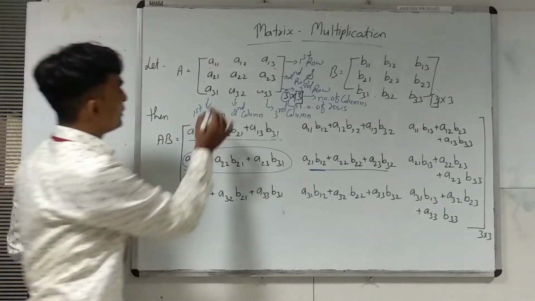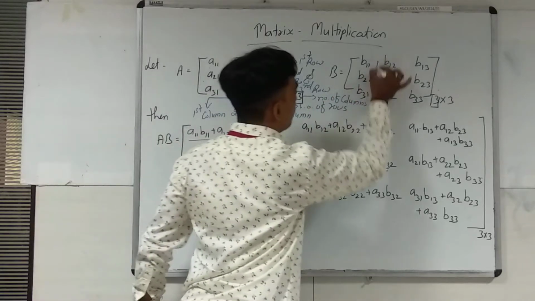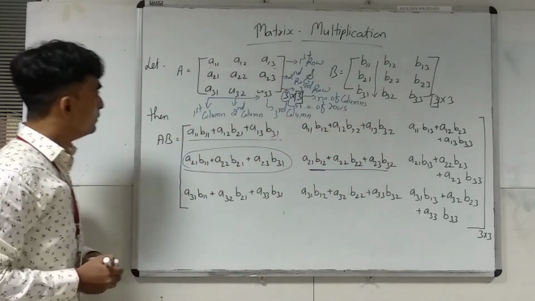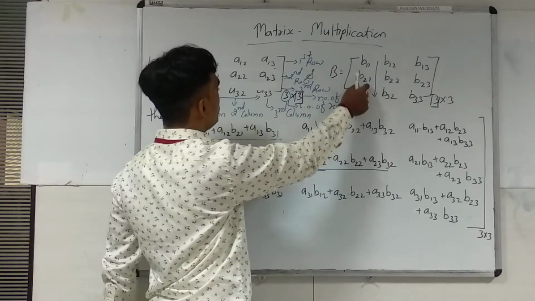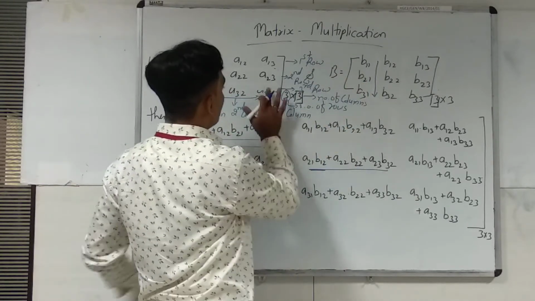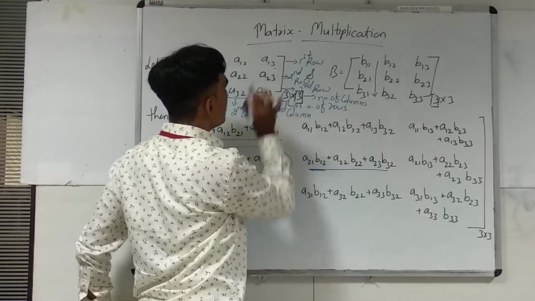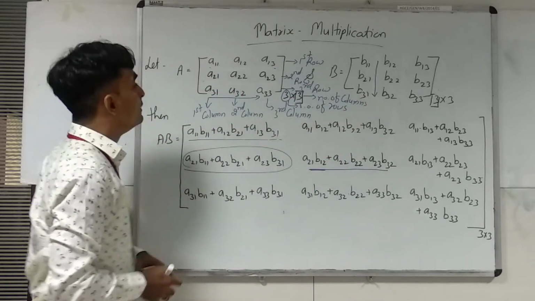Now third row, first column gives you A31 B11, A32 B21, A33 B31.